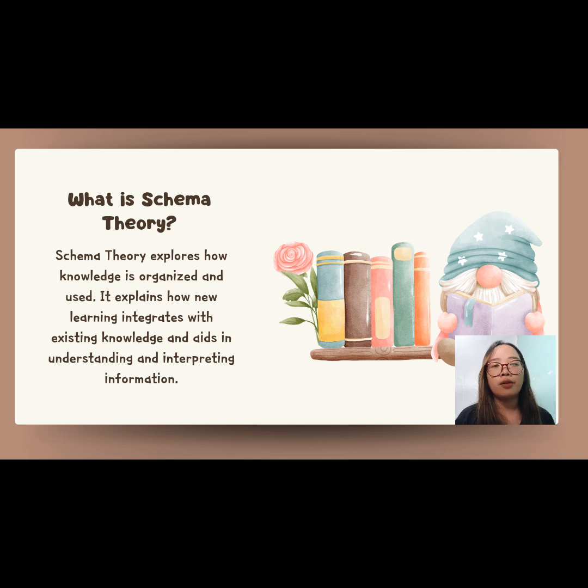It explains how learning integrates with existing knowledge and aids in understanding and interpreting information. A powerful feature of the schema theory is that it helps us better understand how new learning is integrated with the knowledge an individual already possesses. It tries to explain how we learn, modify, and use information acquired through our life experiences, including reading.